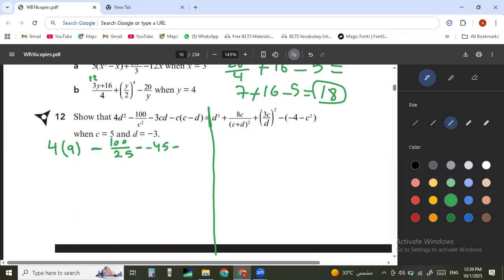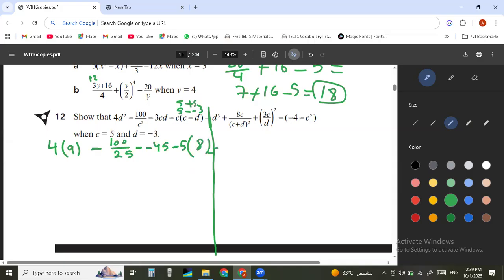Then minus C, which is 5, multiplied by C minus D, which means 5 minus -3. 5 minus -3 is 5 plus 3, which means 8.